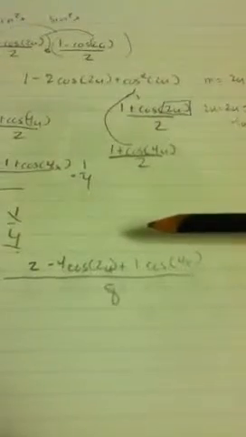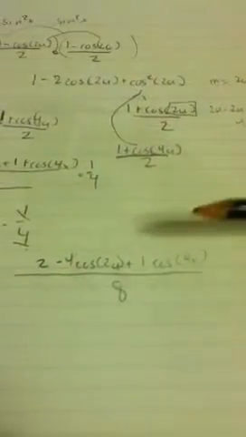So from here, we just combine like terms. So the 2 and the 1 would combine to be 3. And we can't combine this cosine with this cosine, because even though they both have cosine, if you think about it, these are different variables.